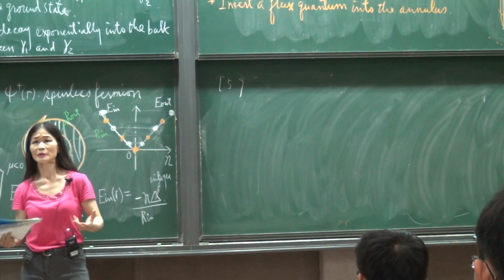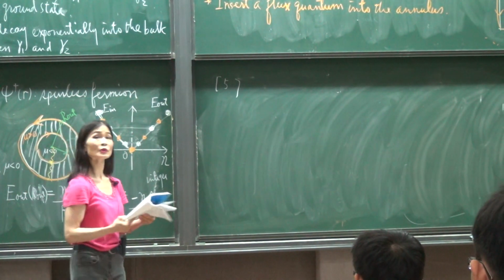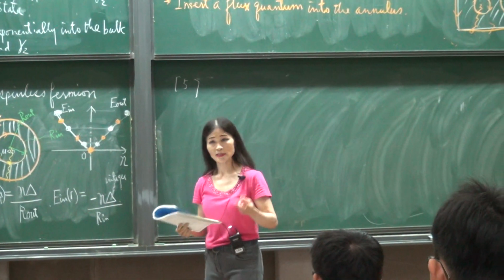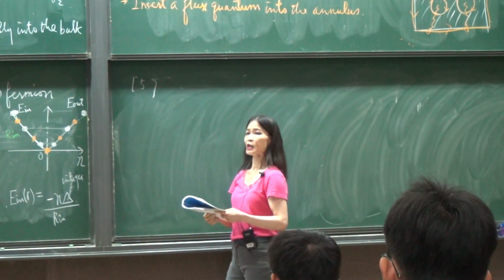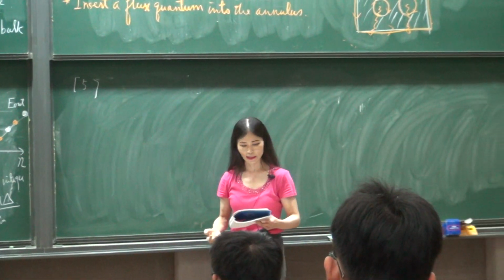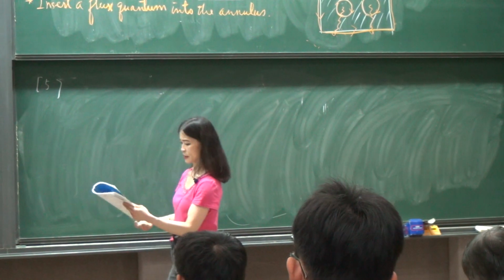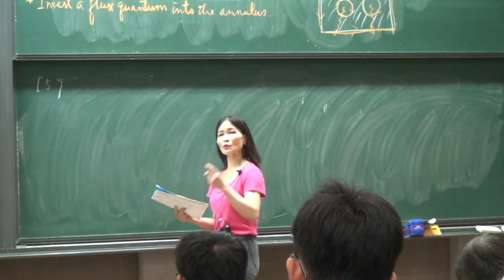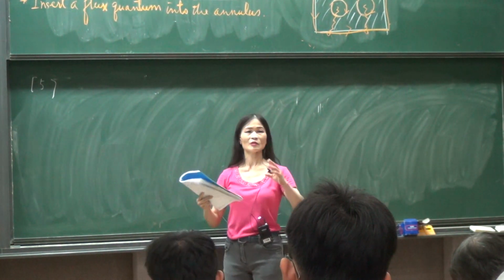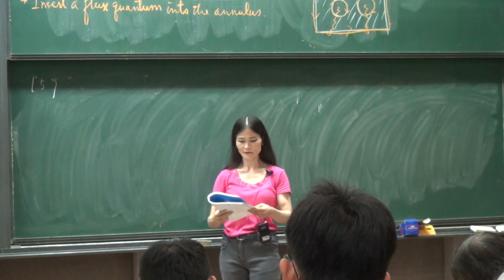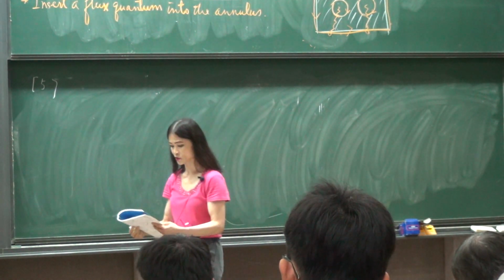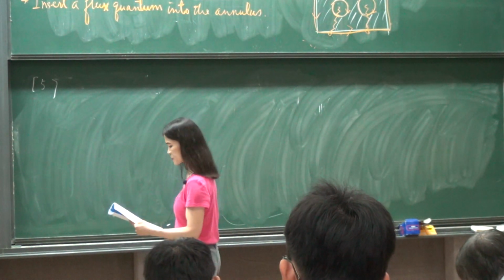So you want to break time reversal symmetry to separate out your two spin species. That's the second ingredient. The third ingredient, you want to have strong spin orbit coupling, and that gives you special energy states. When you have those three ingredients, you can sit down and start thinking about all kinds of different possibilities to construct an effective Kitaev model.